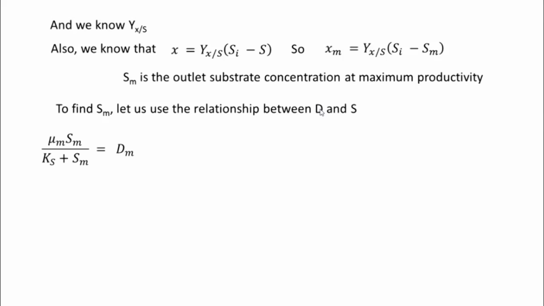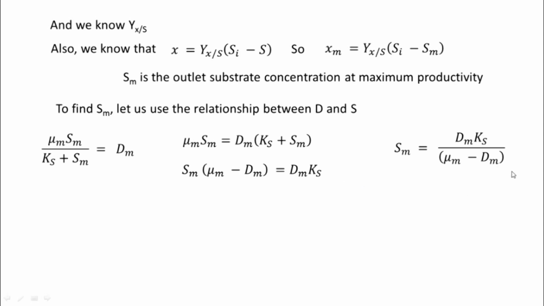That's an essential feature of many problems, and that's what takes time to develop, to be able to see the various connectivities. So Dm equals mu m Sm by Ks plus Sm. So mu m Sm is Dm times Ks plus Sm, just transposing, and collecting all the common terms, Sm into mu m minus Dm equals Dm times Ks. So Sm equals Dm Ks by mu m minus Dm.